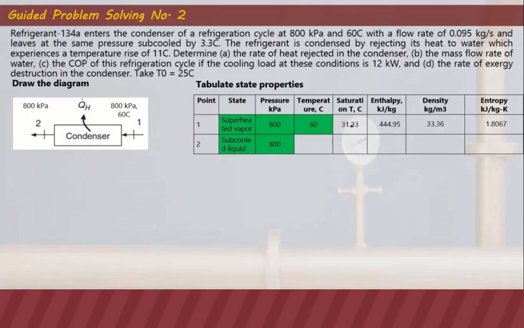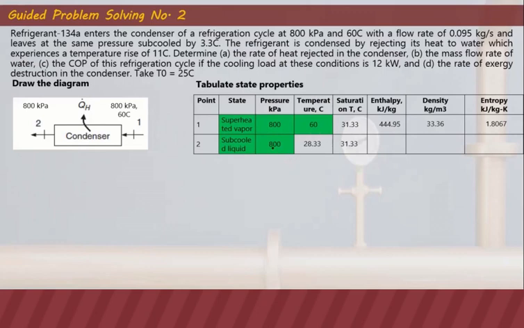So we get the saturation temperature using our pressure. You just use the saturation table. So get Psat at the given pressure, so we can get the saturation temperature. We need to deduct 3.3 from this one to get the temperature of the liquid, and that is 31.33 minus 3.3. That is 28.33.